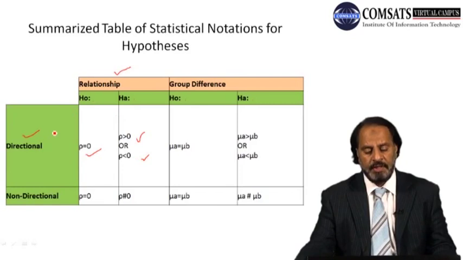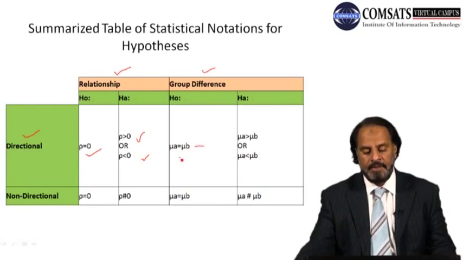If we want to see the directional hypothesis statements for group differences, for the null hypothesis we are saying the mean of variable A is equal to the mean of variable B, meaning the difference between the two variables is equal to 0.